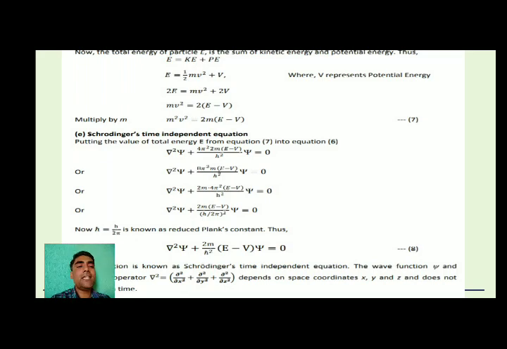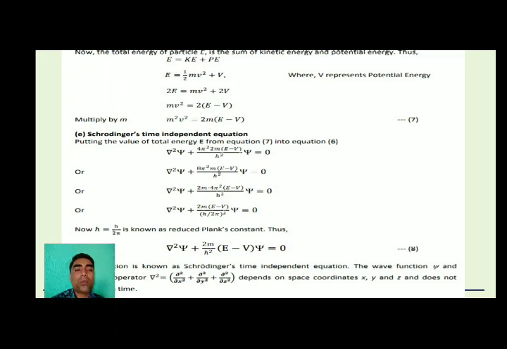And now finally this equation 8, which is ∇²ψ + (2m/ħ²)(E − V)ψ = 0, is known as Schrodinger's time independent wave equation. Here ∇² is known as the Laplace operator, whose form is ∂²/∂x² + ∂²/∂y² + ∂²/∂z², and ħ is known as the reduced Planck's constant, which is h/2π.